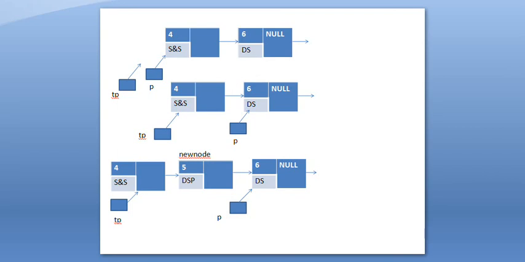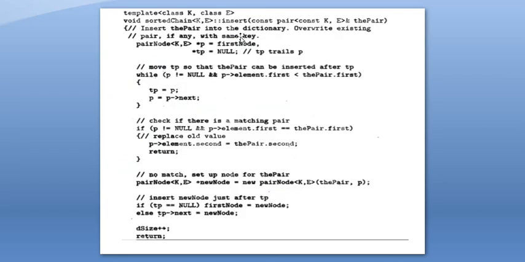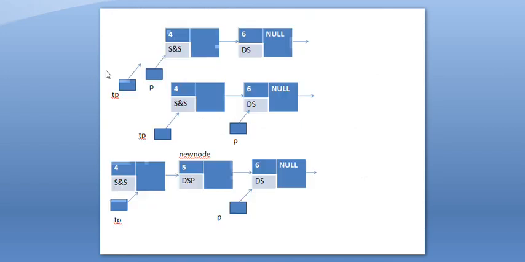Now let's discuss the program. First you have the sorted chain insert function, with the pair k comma e. In the sorted chain insert function, we first create the P node, which is pointing to the first node, then we define TP, which is empty.